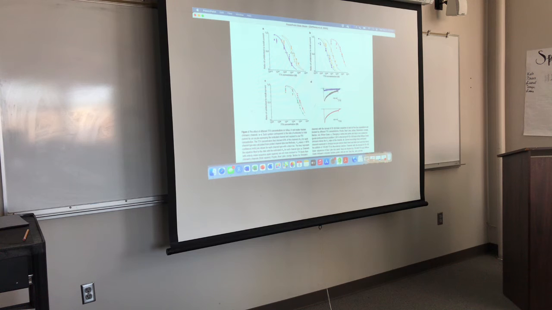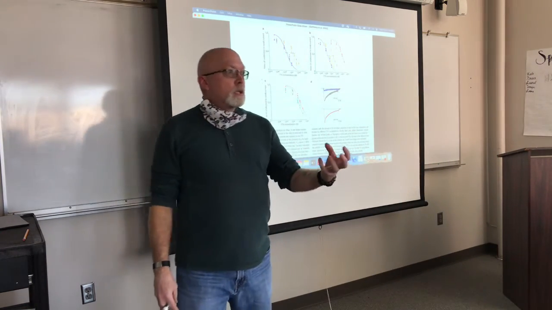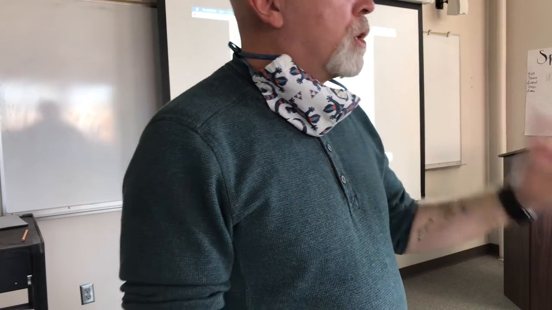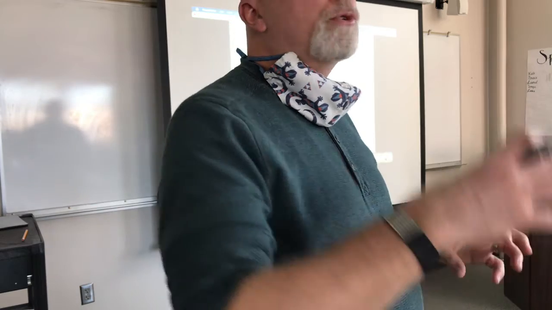So they put these into frog eggs, and then subjected the eggs to tetrodotoxin and saw how well the sodium channels expressed by the frog eggs resisted tetrodotoxin. And that's what these figures are about.